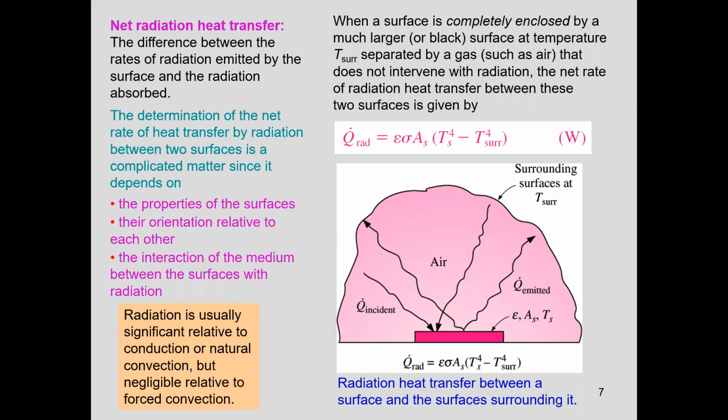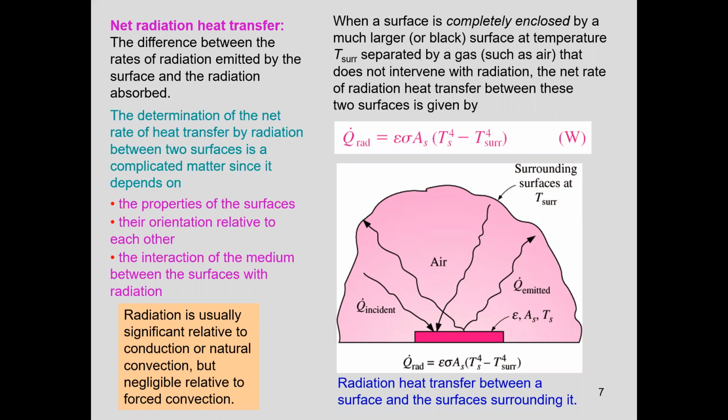It's complicated in that when we have to determine the net rate of heat transfer by radiation between two surfaces, we have to consider the properties of the surfaces, their orientation relative to each other, and the interaction of the medium between the surfaces with radiation.